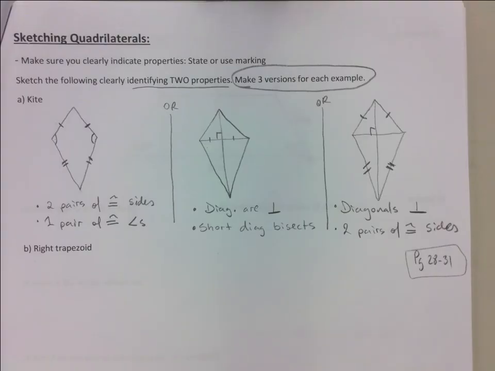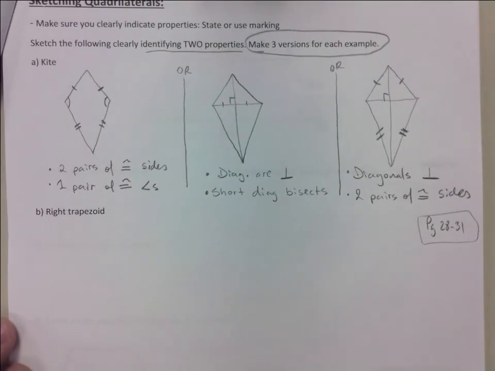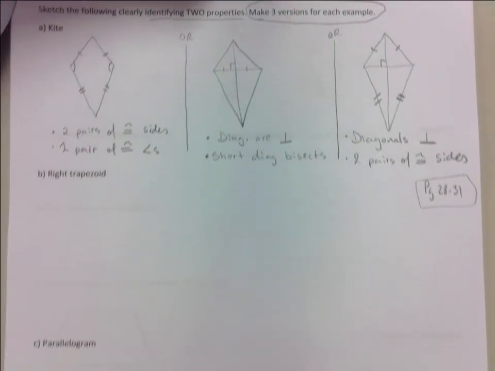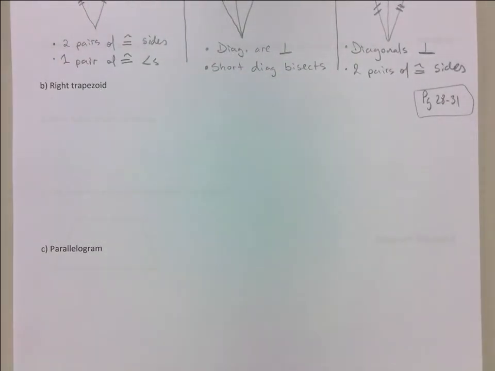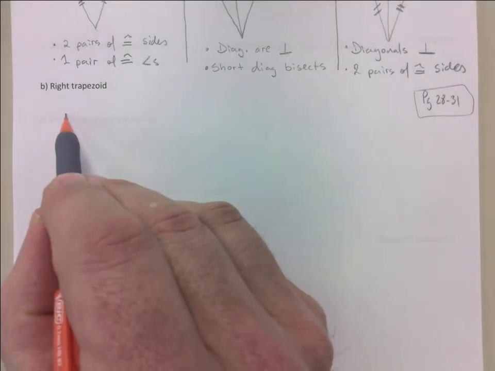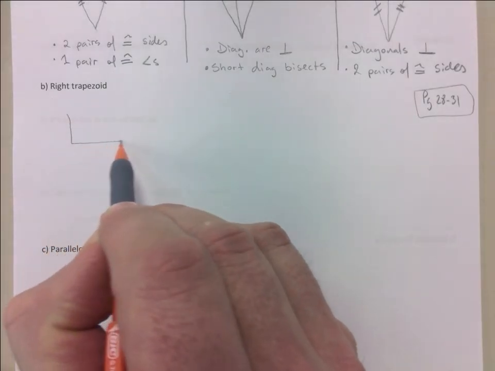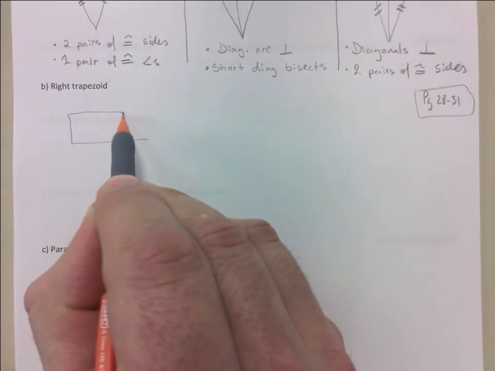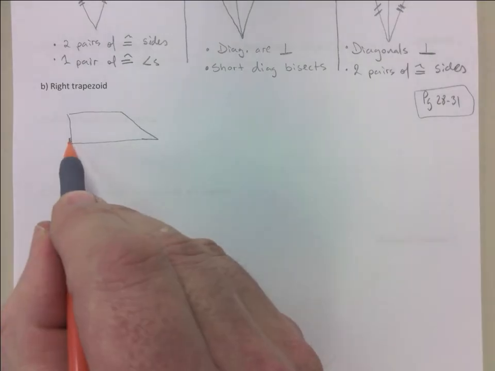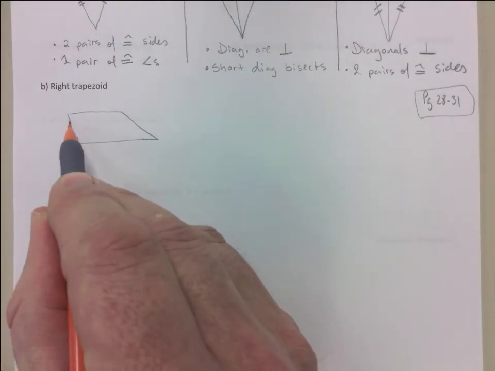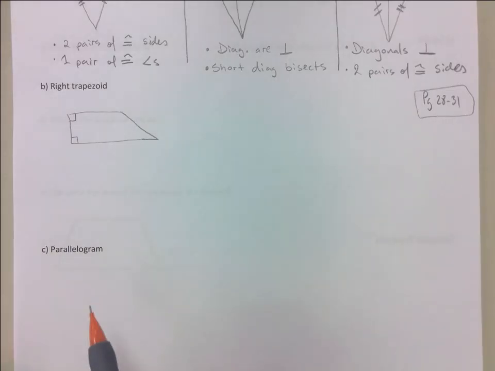Let me read the room first. It's boring. There's not much you can do with a right trapezoid. Okay? It's kind of like my jokes. There's not much you can do. A right trapezoid, I just hope that you would know that it looks like this. And that it has two 90s there.